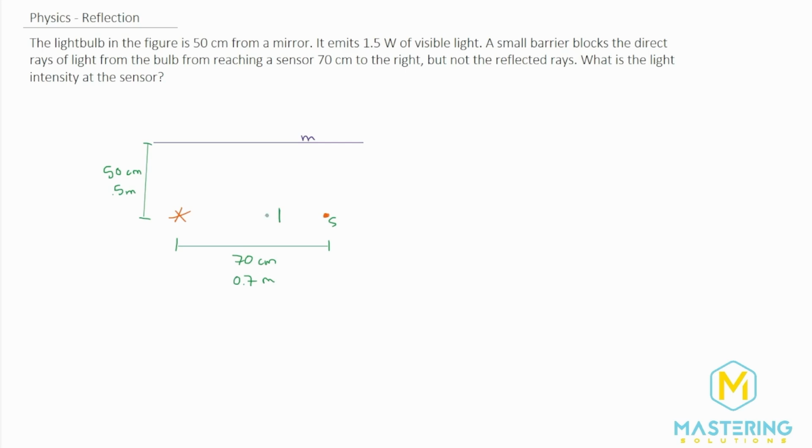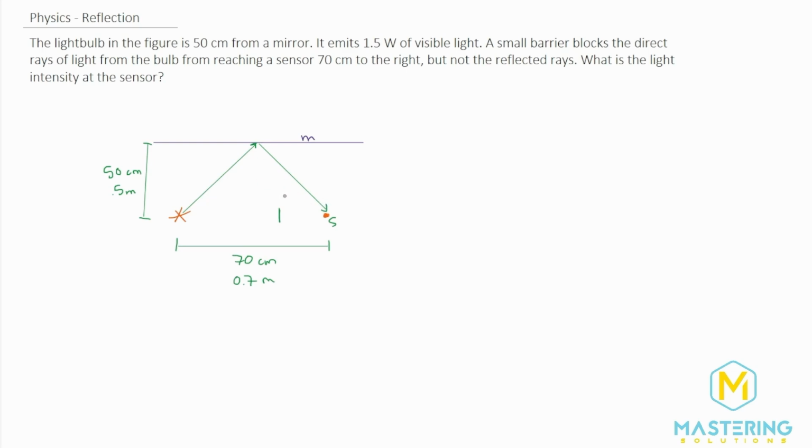And this barrier is blocking all the light being emitted directly from the light bulb, but it doesn't block the reflected rays. And so for the sensor to see this, the light is going to come exactly halfway in between these, and it's going to reflect down to the sensor right here.